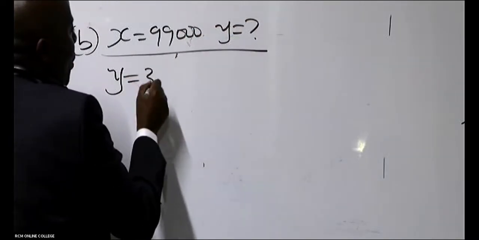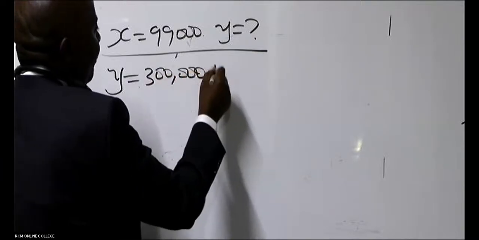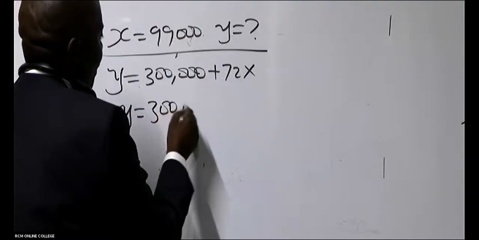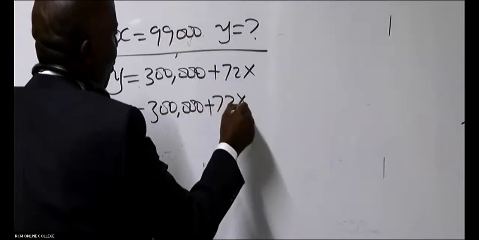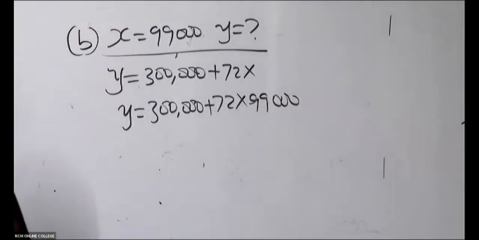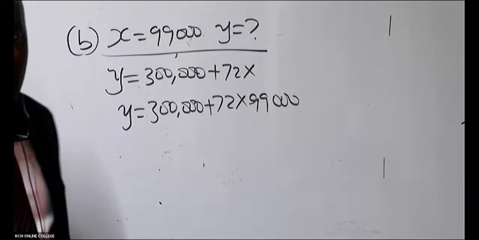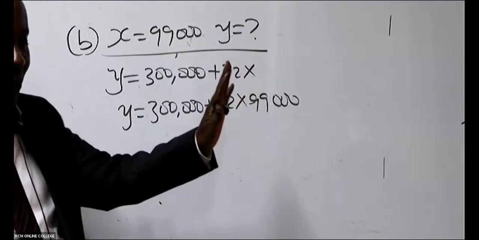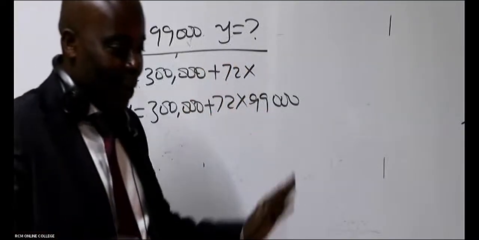So fortunately, our Y is 300,000 plus 72x. So then our Y will be 300,000 plus 72 times 99,000, which will end up giving us an ugly figure, right? Ugly figures, you write them.